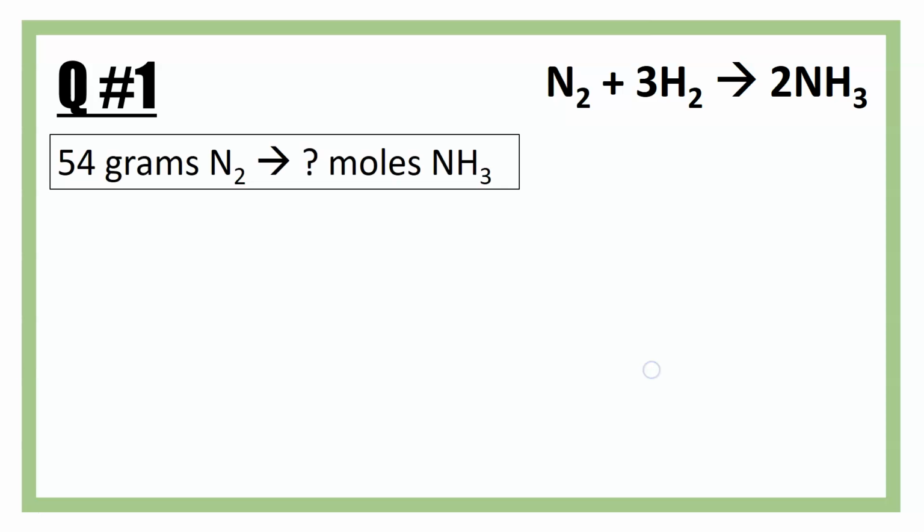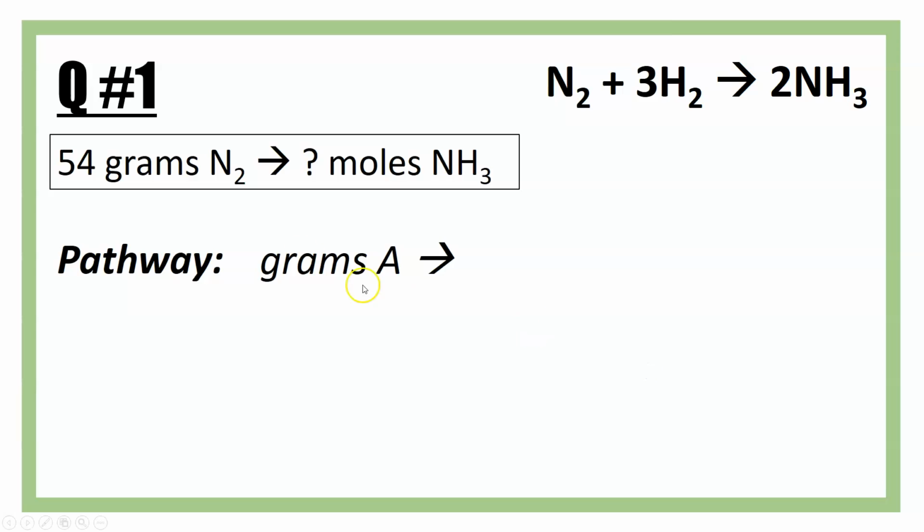The question that we're going to solve is that we have 54 grams of nitrogen gas, and we want to know how many moles of NH3 we can make. So we're going from grams of one thing to moles of another. So my pathway is going to be grams of A, nitrogen gas, to moles of A, to moles of B. If you look at your mole highway, you can see that that's the only way we're going to get there.